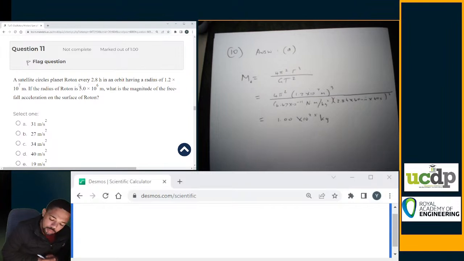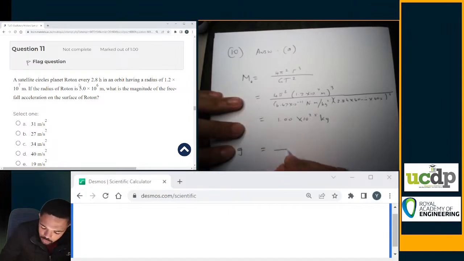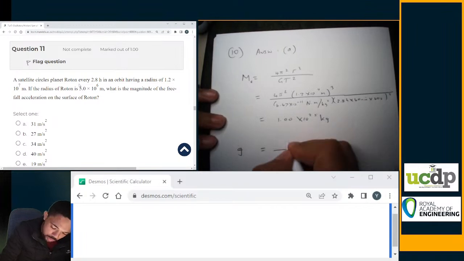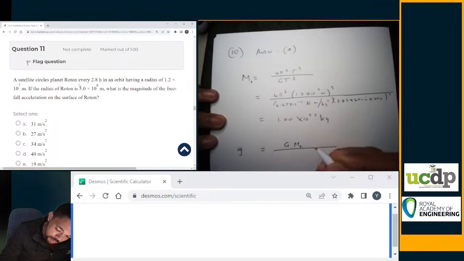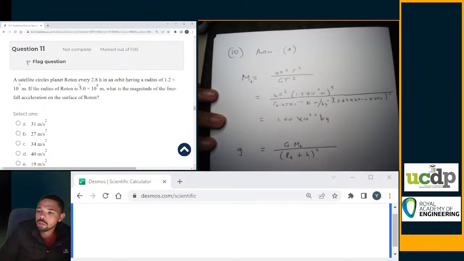Okay. Now we have a formula for free fall acceleration from the beginning of this lesson. It is equal to the gravitational constant multiplied by the mass of the planet, in this case planet Roton, divided by the radius of the planet plus the height above the planet, squared. In this case, it's at the surface, so h will be 0. The radius of planet Roton is 5 times 10 to the 6 meters.